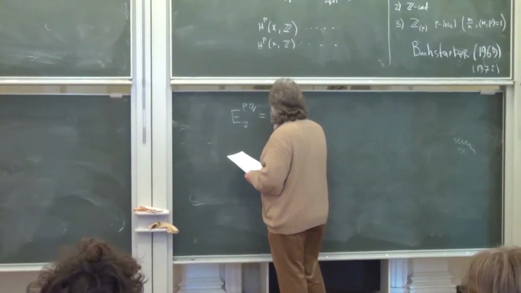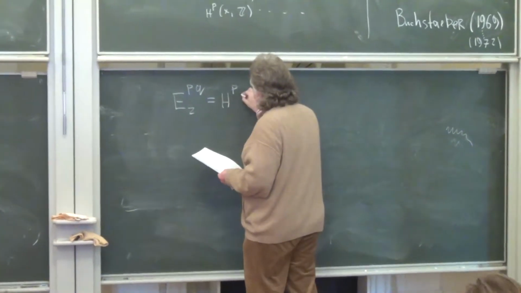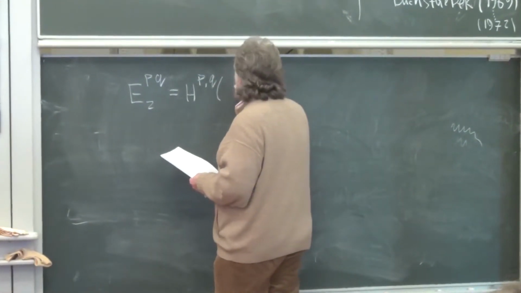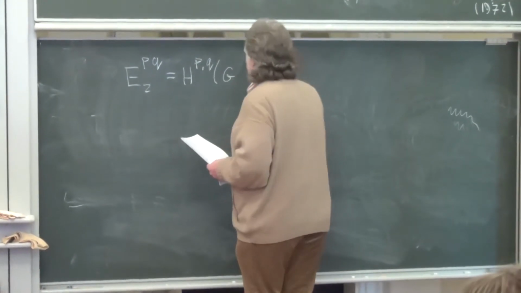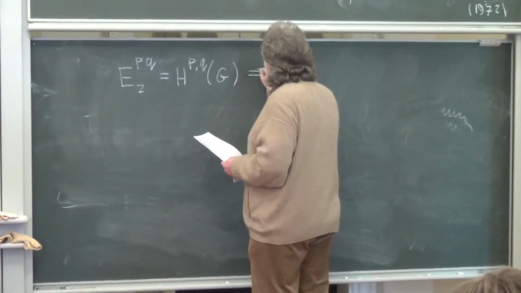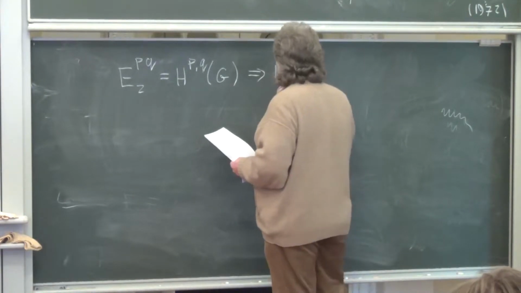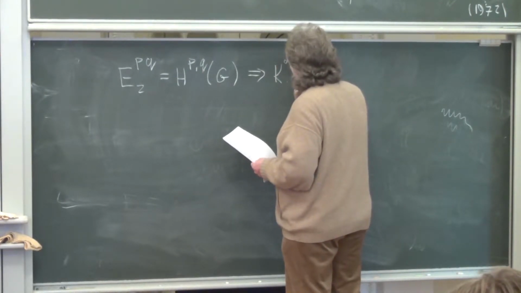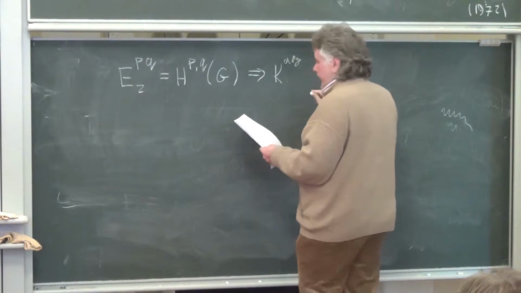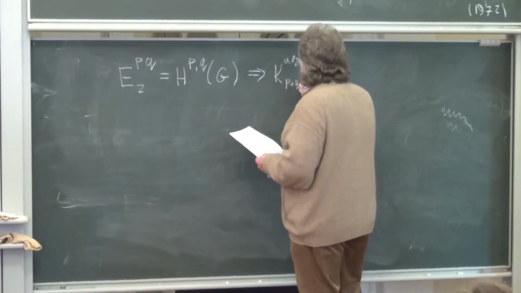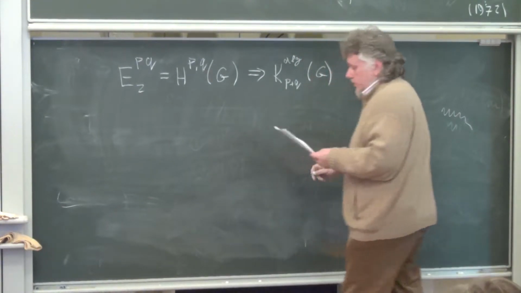We want to have a spectral sequence which starts from motivic cohomology of an algebraic variety, and that converges to algebraic K-theory of this variety.